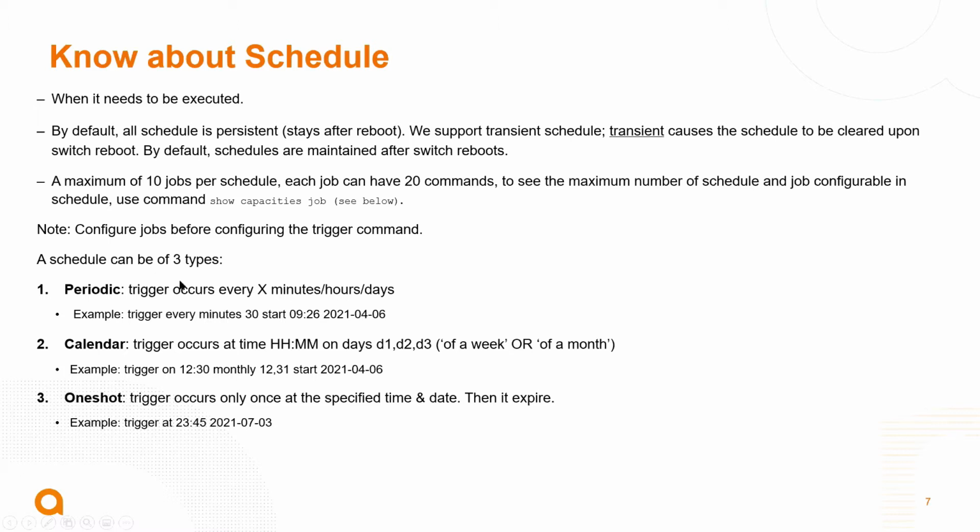A schedule currently has 3 types of trigger. One is periodic. That means you want some job to be executed every 30 minutes. As I told you, health status is one good example. Or you want to run a calendar trigger. For example, every Friday evening you want to reboot the box and change the default gateway. That is possible, and that is a calendar trigger. The third is one-shot, as I told you.